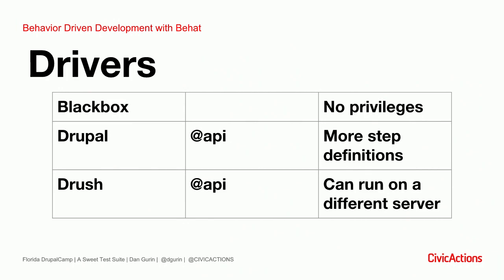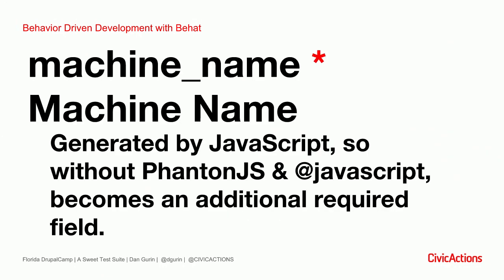The @api tag, like I said, will be for the Drupal or Drush drivers. The Drush driver you can run on a different server, which is also an advantage. And the Drupal driver has most of the steps for the Behat Drupal extension. So that's, I think, what's used most commonly.